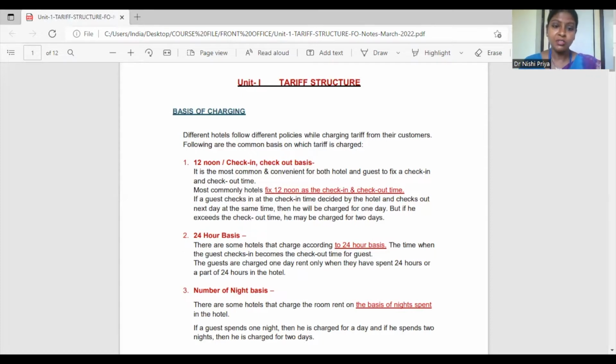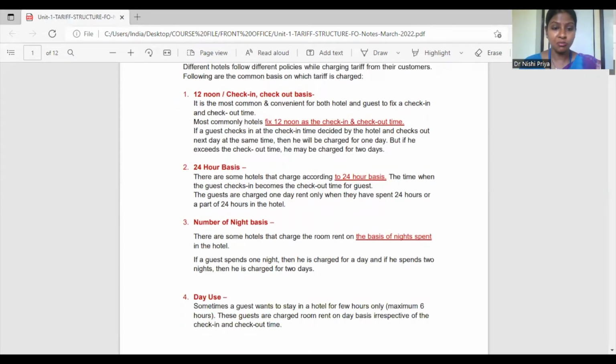Then we have another basis of charges, which is the 24-hour basis. Some hotels charge according to the 24-hour basis. The time when the guest checks in becomes the checkout time for the guest. Like today, if the guest checks in by 6 o'clock in the morning, the guest needs to check out tomorrow at 6 o'clock in the morning. 6 a.m. to 6 a.m. is called the 24-hour basis.